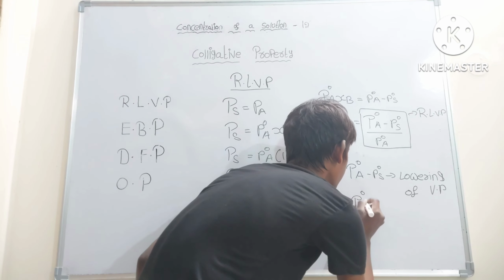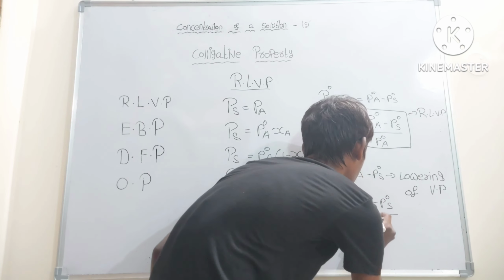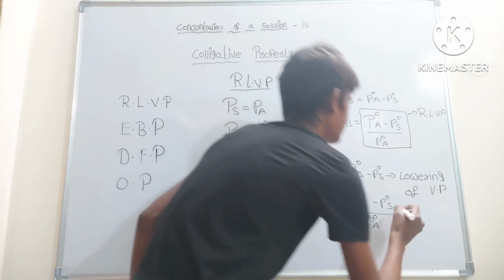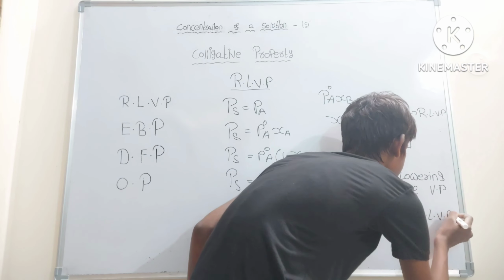P naught A minus PS by P naught A is relative lowering in vapor pressure.